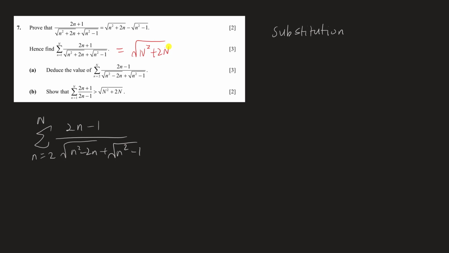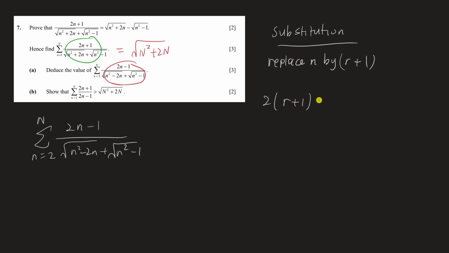So let's go ahead. What values of n do I want to replace it by such that this red one will look like this green one? You have to sort of guess a bit. But after a while, you should realize that if I replace n by r plus 1, the numerator will become 2r plus 1 minus 1, which is 2r plus 2 minus 1, 2r plus 1.